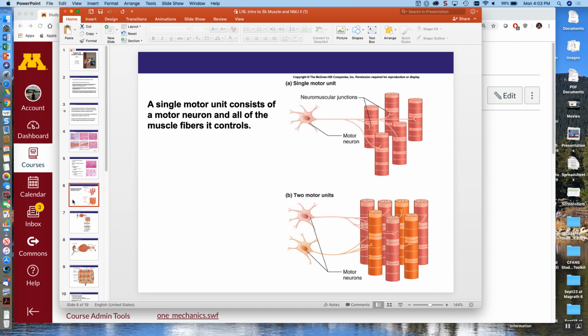Motor units, another term. That is one motor neuron and all of the muscle fibers that it innervates, all the muscles that it actually comes into contact with and causes contraction. So a motor unit is a motor neuron and all of the muscle fibers that it innervates.